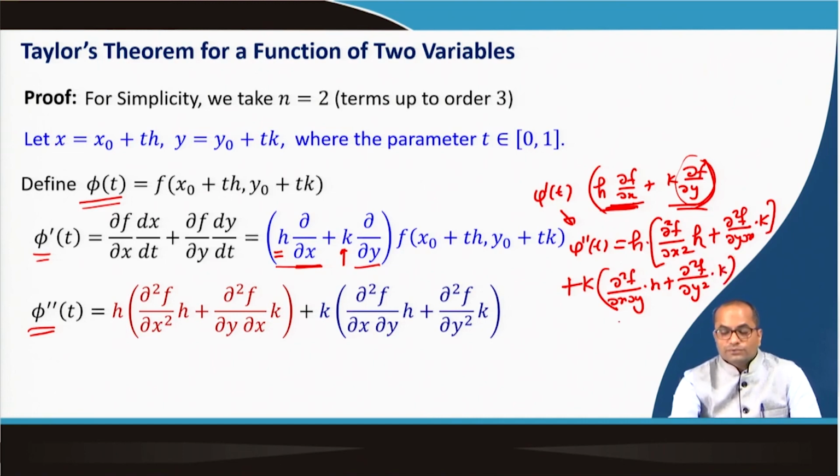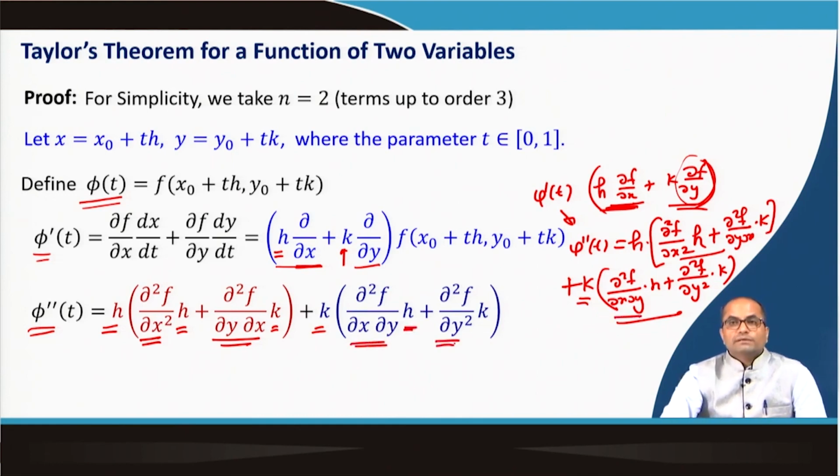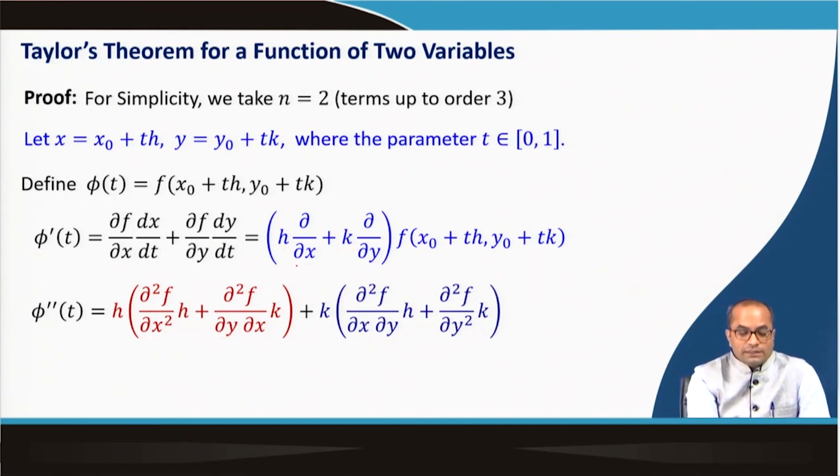So we have used the chain rule here and there, and as a result we get the second order derivative times h, the second order mixed derivative times k, then the mixed derivative with h, and the second order derivative with respect to y, times k. In each term the chain rule is applied.